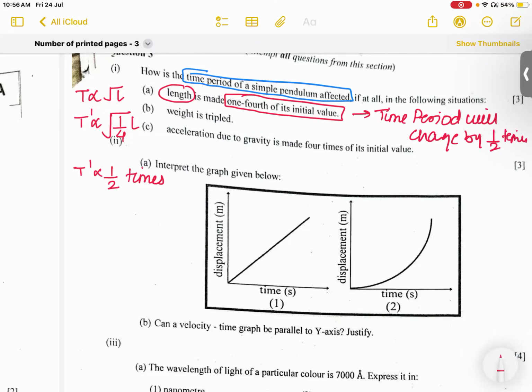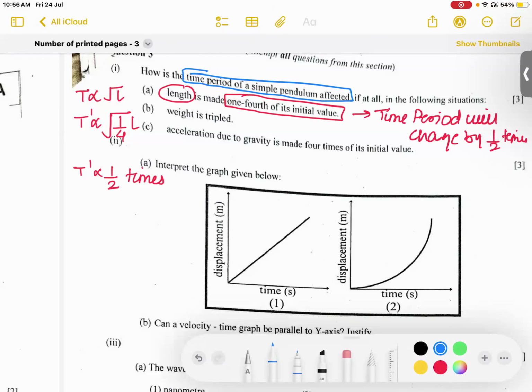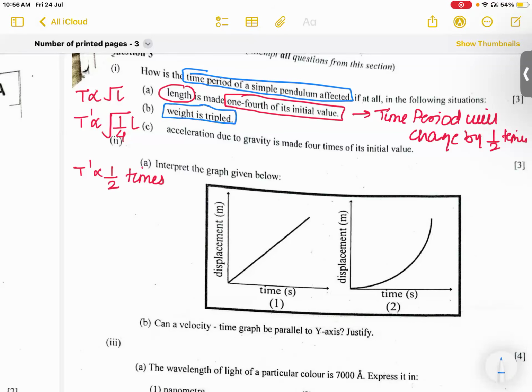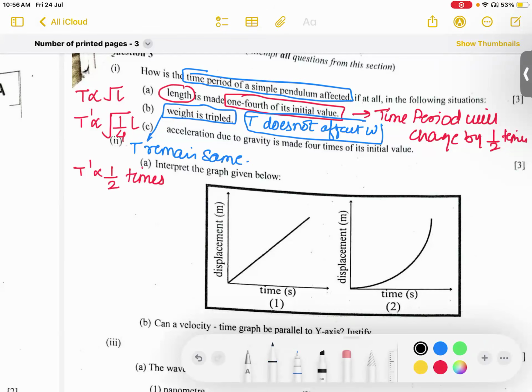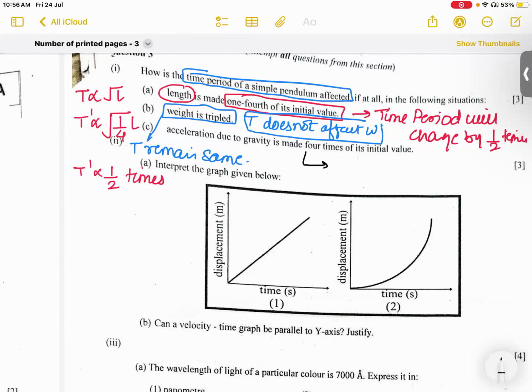Okay. The next one. Arey, this is my favorite, guys. They have instructed weight is tripled. I know that time period does not get affected by mass or by weight. So we will write T remains same. Okay. Then, students, we have saying that acceleration due to gravity is made 4 times. So G ka value, they have increased by 4 times.